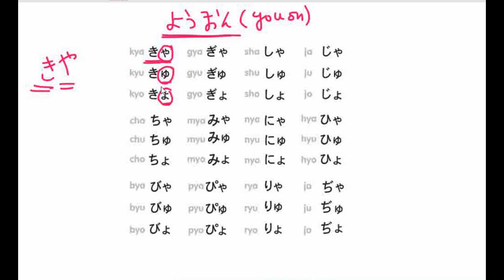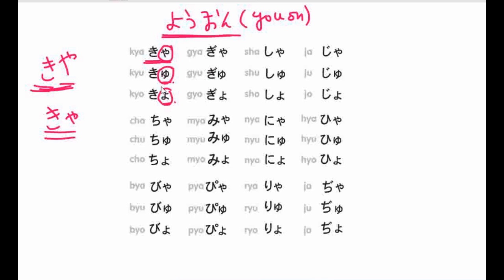So in these yoon letters, the size of ya, yu and yo is smaller than the letter in front of them. Instead of this, it should be written like this. Small, we will make like this.